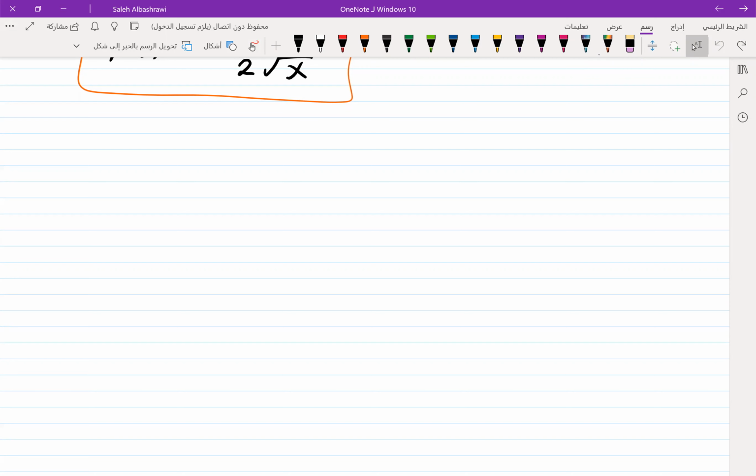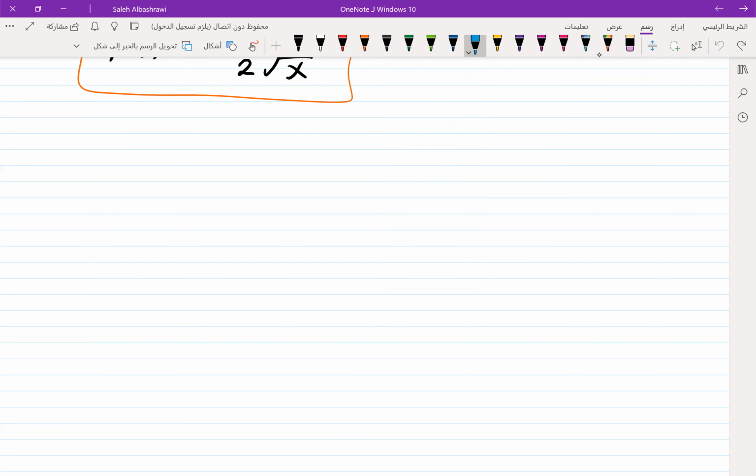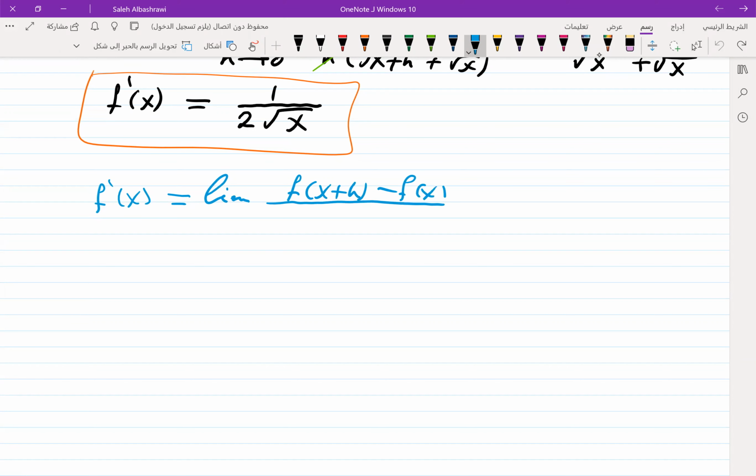In the first part of this section, which is the derivative function, we gave the definition and we said that the derivative f prime of x equals the limit of f of x plus h minus f of x divided by h, where h goes to 0.